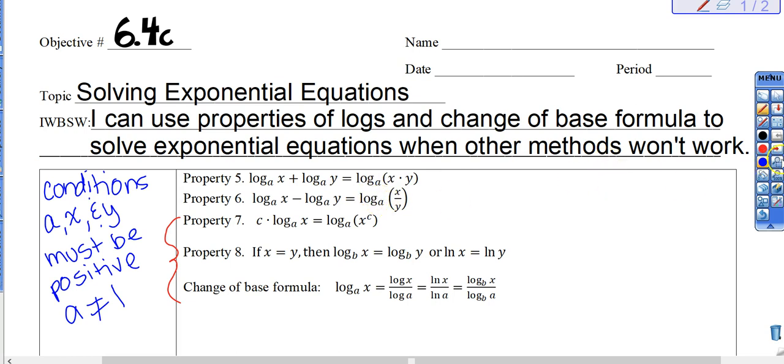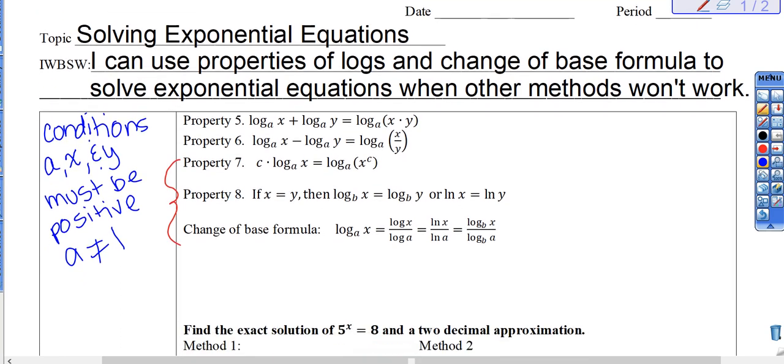All right, so here's what I want to do today. I just want to write out in words what these properties say, because often when I'm explaining how to solve them, I will use words to explain them. So let's write property 5 out in words. Property 5 says, if I have the log base A of X plus the log base A of Y, it's equal to the log base A of X times Y. I'm not going to say that.